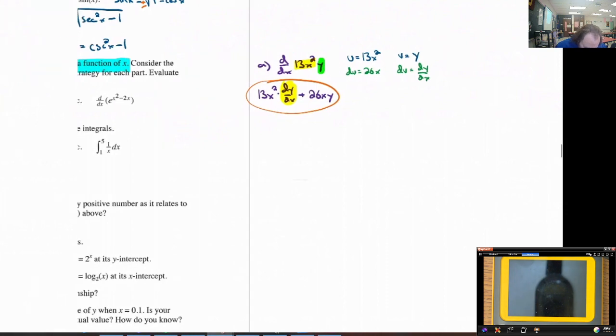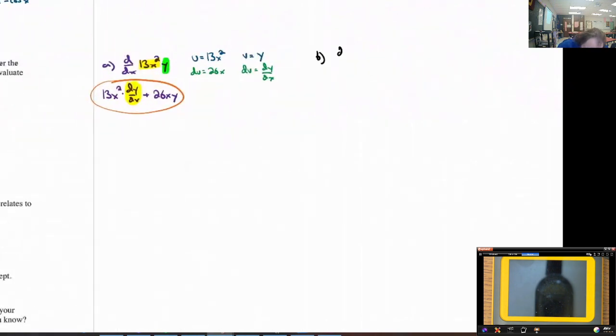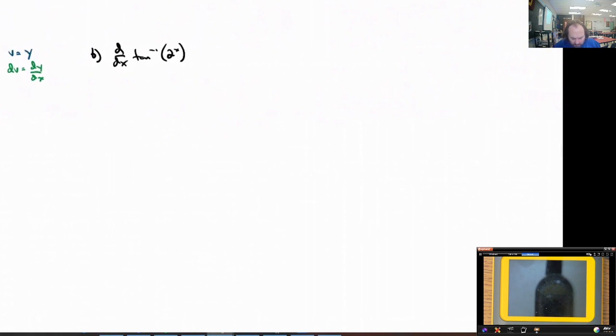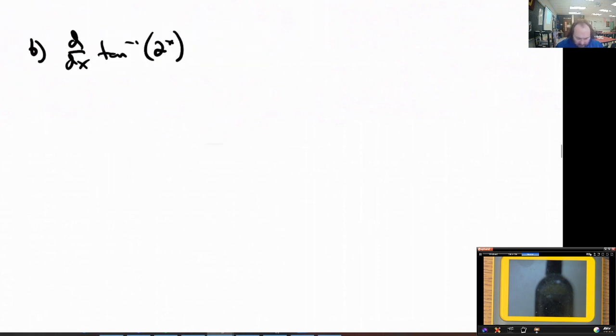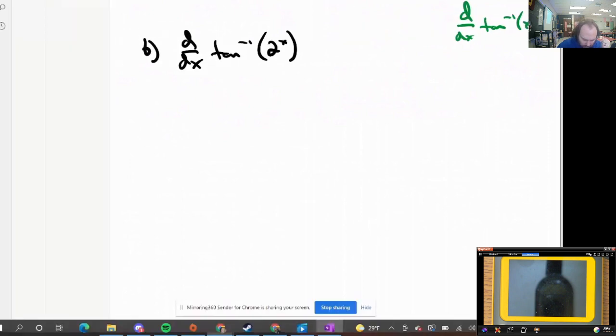Let's take a look at question B, which is the tangent inverse of 2 to the x. Now, if you have the formula that we wrote down at the end of class today somewhere handy, or if you just Google, honestly, Google the derivative of inverse tangent, what we know is the derivative of the tangent inverse of x is 1 over, I'm gonna check my notes really quick, make sure I don't get this wrong.